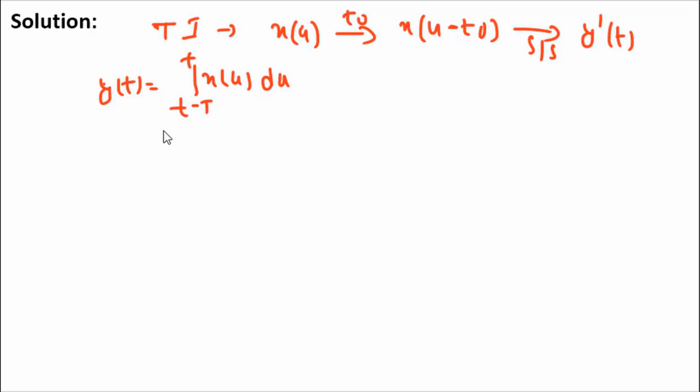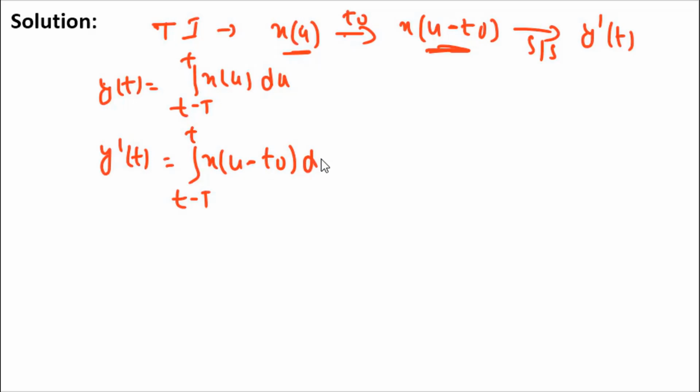Then you put x of u minus t naught, that is you first take the input x of u, delay it by t naught, and pass it through the system. So your y dash t becomes integration from t minus capital T to t of x of u minus t naught du.